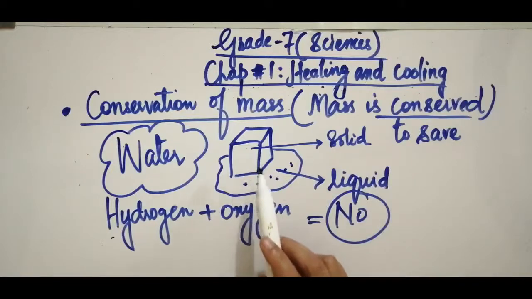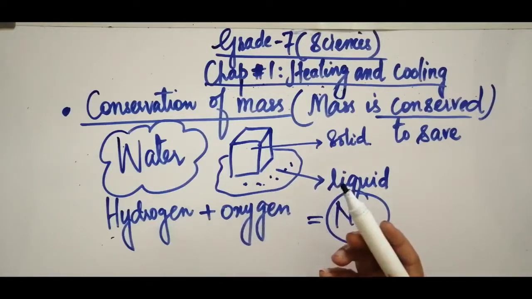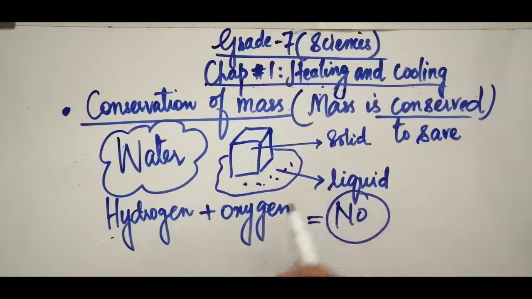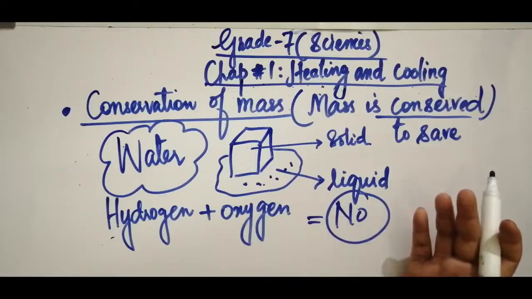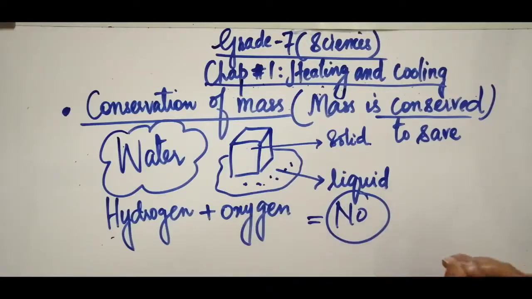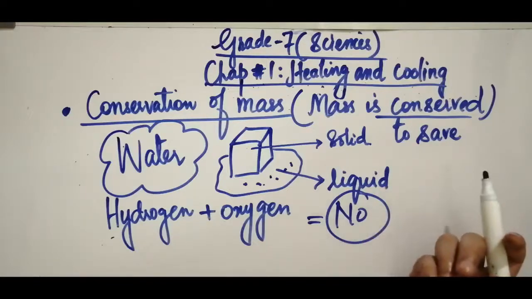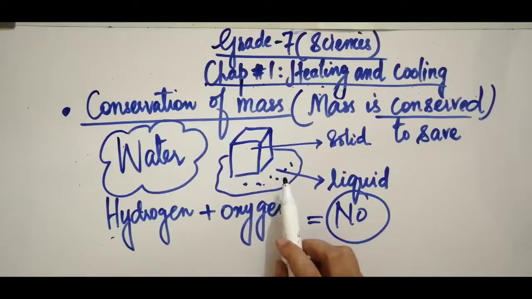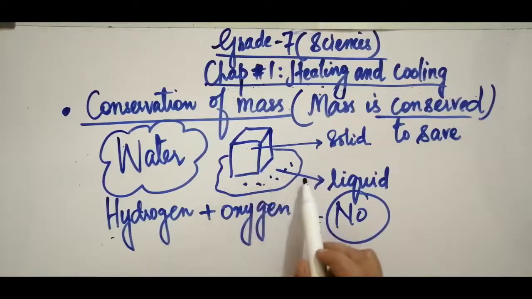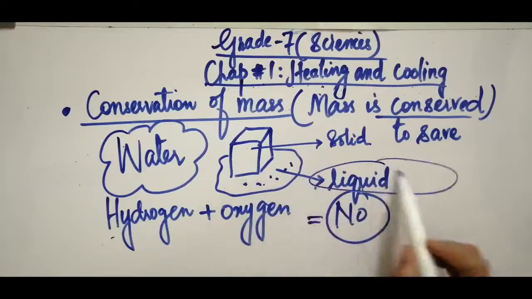Suppose I take a solid ice cube and just place it on a plate. What happens to that ice cube if I don't provide any heat to it? It will actually get heat energy from its surroundings, from its environment, its room temperature. And after getting this heat energy from the environment, it starts melting and becomes liquid water.